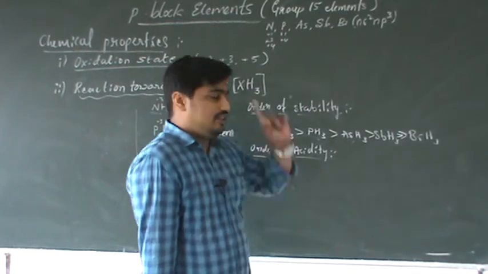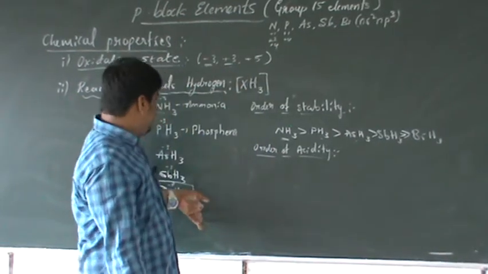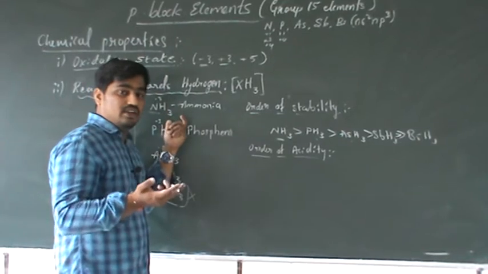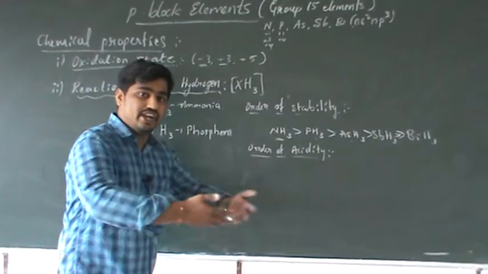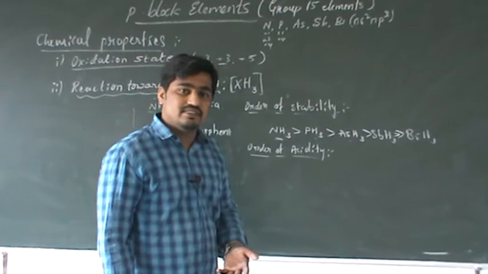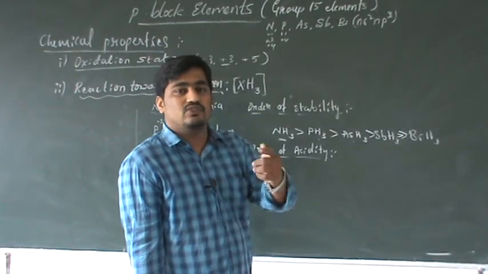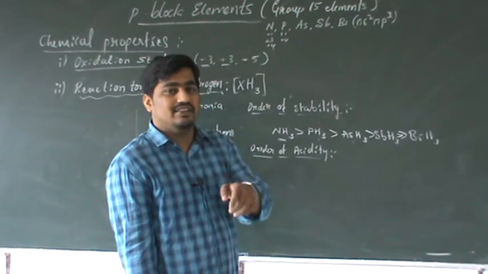Then what happens in this case? The compound is stable, hence ammonia does not give up this hydrogen easily. That means the tendency of dissociation of hydrogen is less, and because of that it is less acidic.